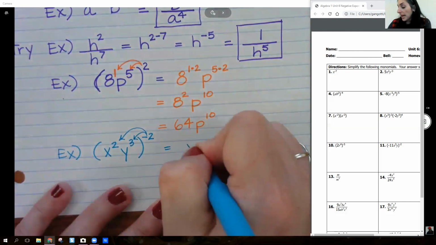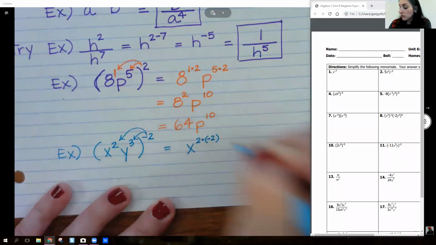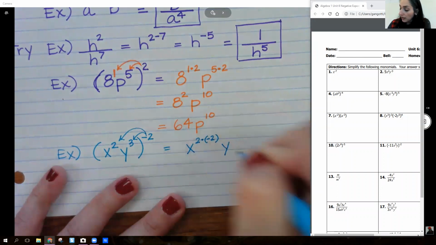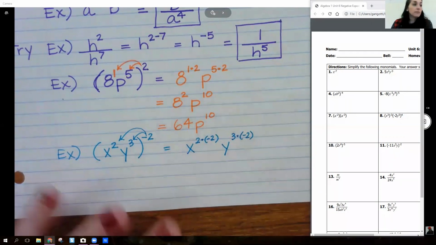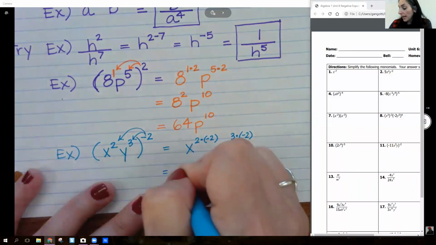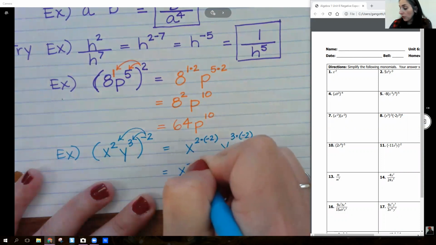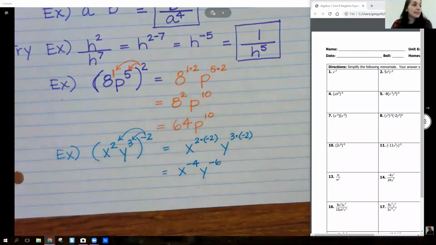So this becomes x to the 2 times -2, y to the 3 times -2. Well, that's going to become x to the -4th, y to the -6th. Both of those have negative exponents, so we have to fix both of them so that they're in proper notation.